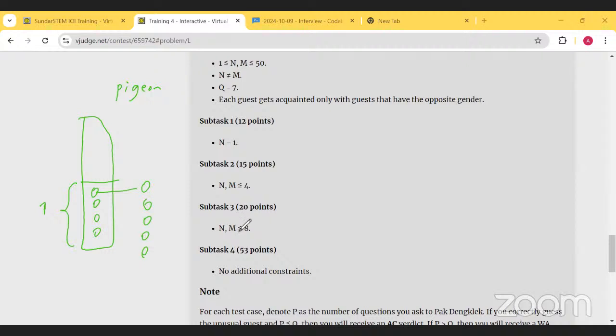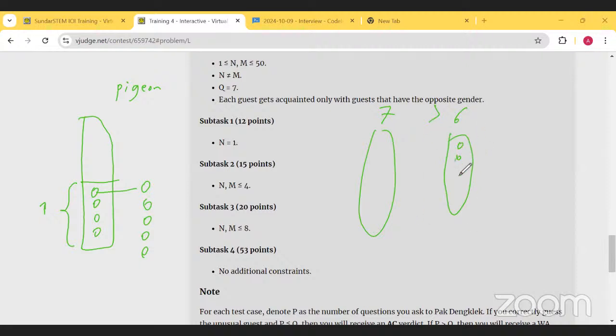If there are 7 men and 6 women, and the number of men is more than the number of women, we can just do binary search in women.